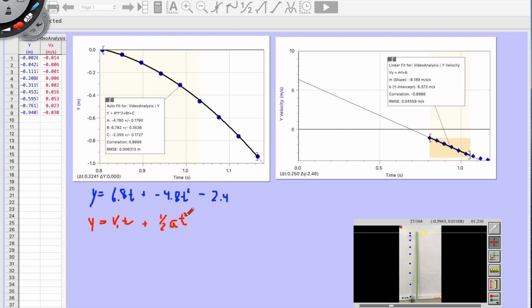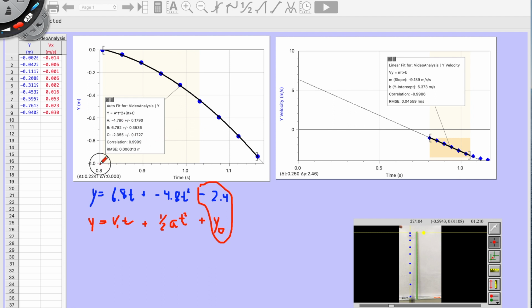And then if you look, it's also plus your y-intercept, or your beginning y position, in the official equation of the whole thing. So what Logger Pro is trying to tell us is that we started off with a position of negative 2.4 meters, which is weird because if you look up here, it looks like I'm starting pretty close to 0. So I'm not quite sure what's going on there.